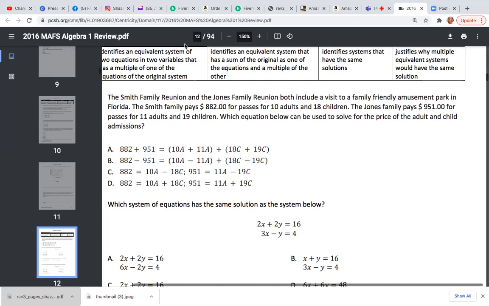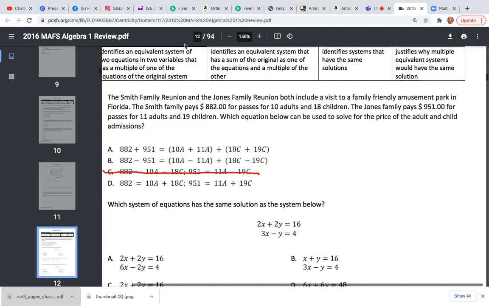To come up with the total amount, you got to take the cost per adult multiplied by how many adults, and the cost per child multiplied by the number of children, okay? And then that adds up to the total cost. Where's the subtraction coming from? So we can eliminate C, but D, I don't know about eliminating D, sweetie pie, okay?